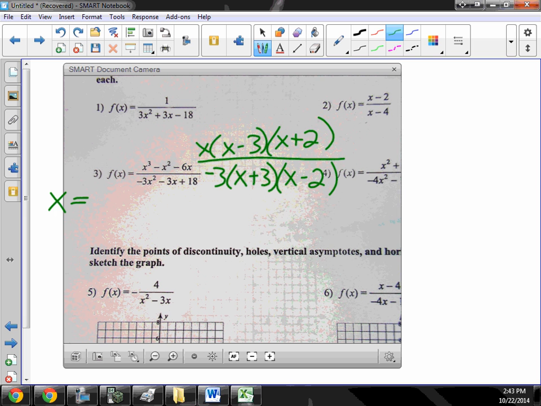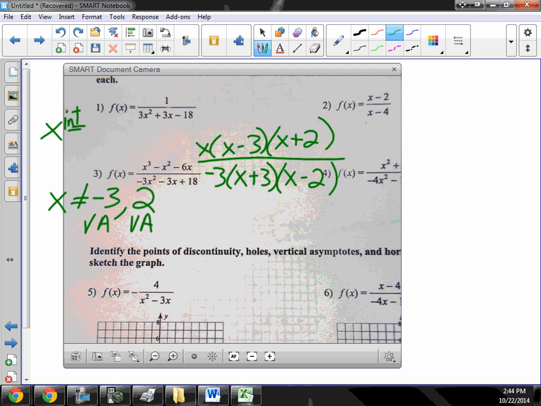So, where are the discontinuities? Where does the graph not exist? At -3 and at 2. Are those holes or vertical asymptotes? They're both vertical asymptotes because they don't cancel. So this is a VA and this is a VA. Where does the graph hit the x-axis?